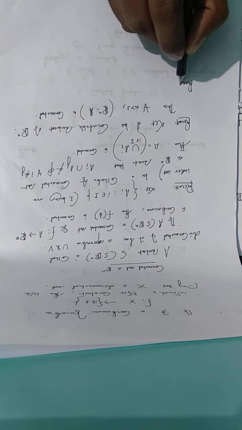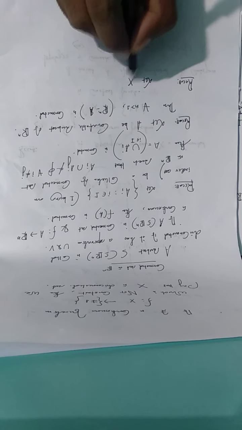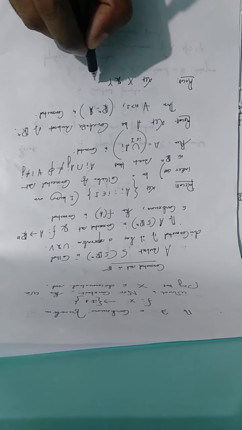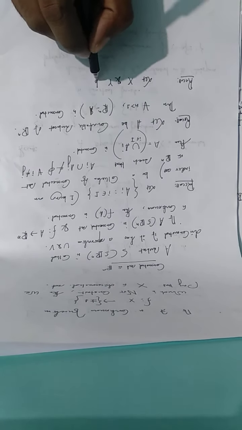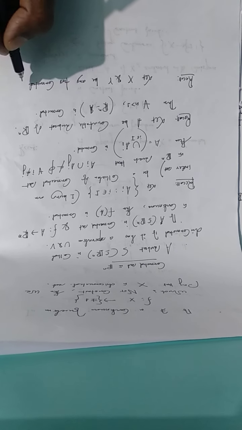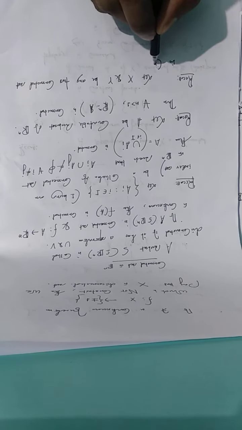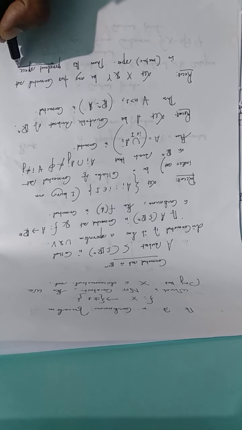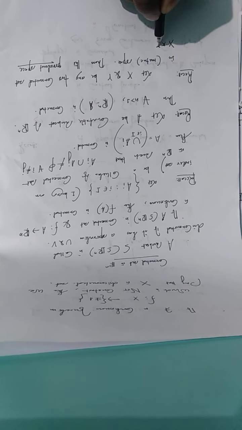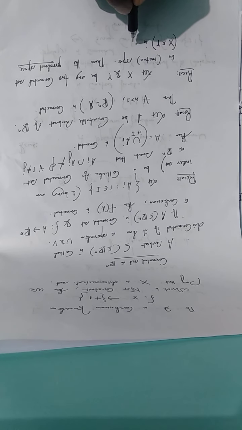Another recall, let X and Y be any two connected sets in a metric space or topological space, then the product space, I think all of you know the product space, X Cartesian product Y, is connected.